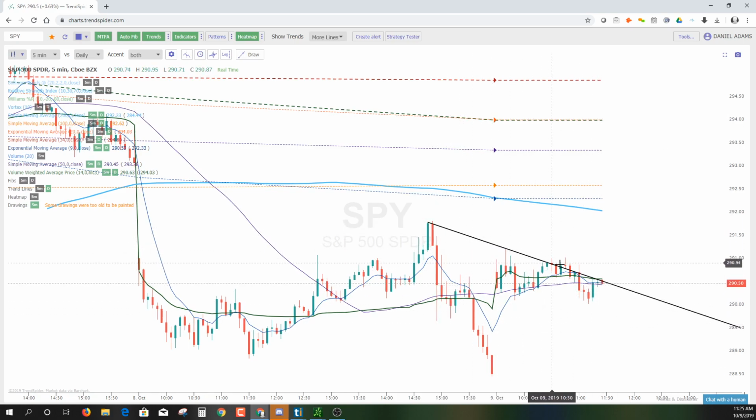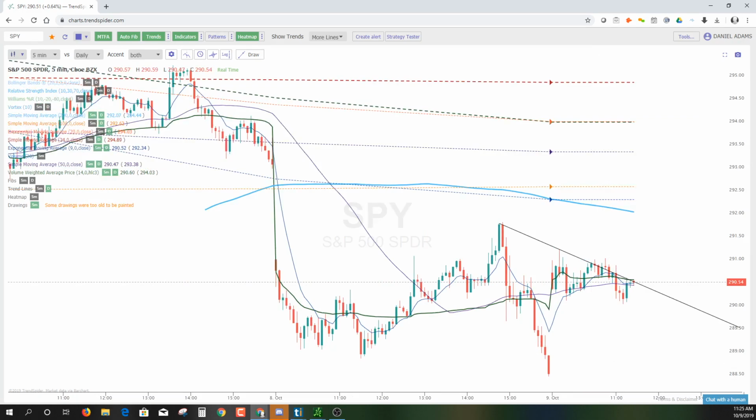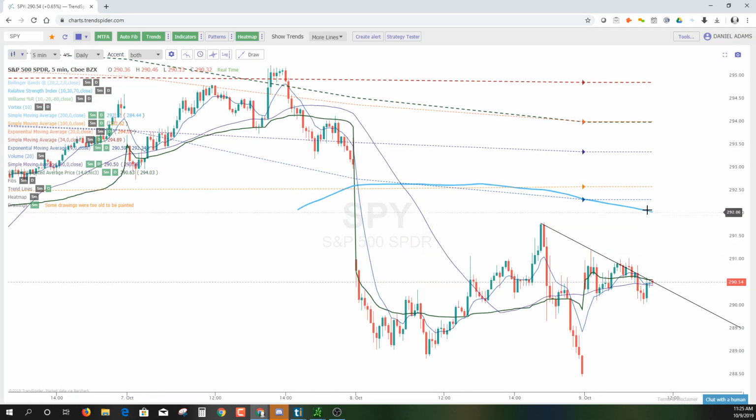You can see right here we've got some quick angular resistance. Lots of wicks and momentum change here. So we might be seeing an opportunity to either go long or short depending on how this plays out.